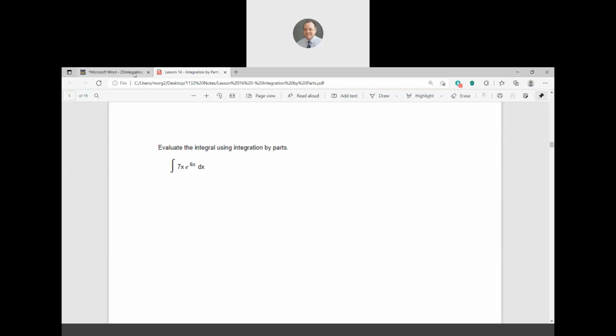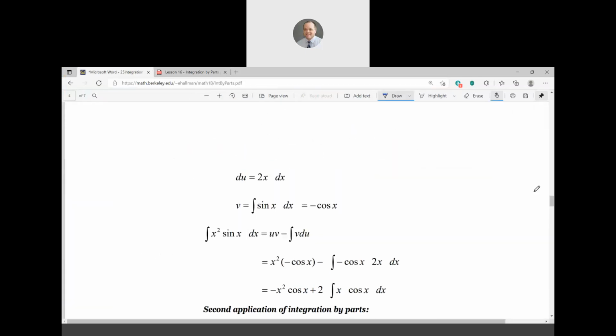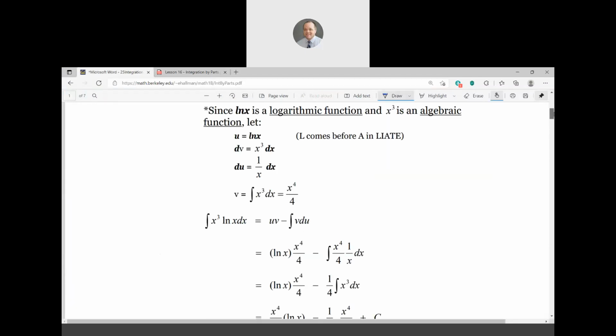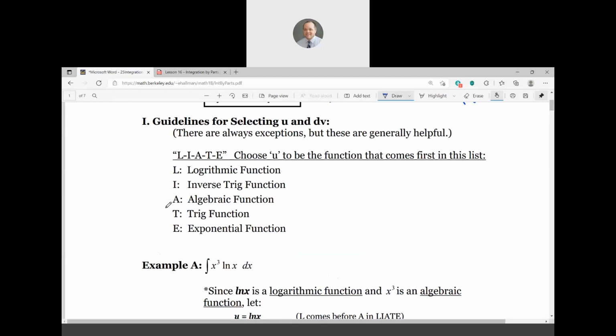Okay, according to our notes, an algebraic function is way over an exponential function, or e for short.